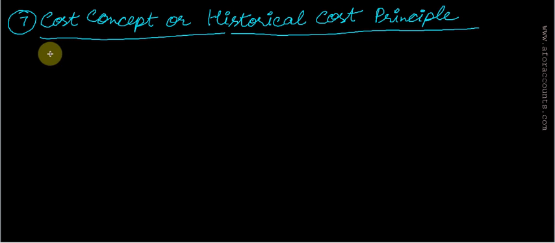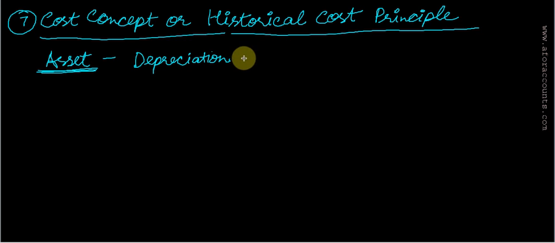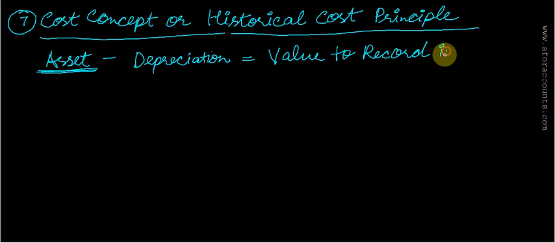Whenever I purchase an asset, say furniture, building, plant and machinery, land, all the expenses which I have incurred to get the asset, that is my cost, the price paid minus the depreciation, is the value to record in my books.